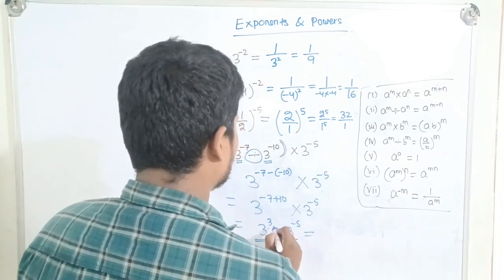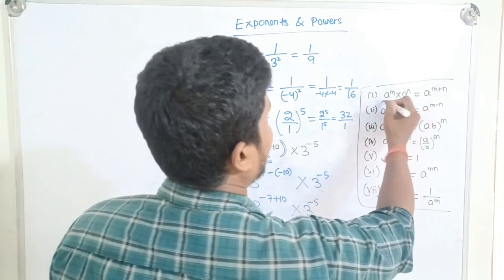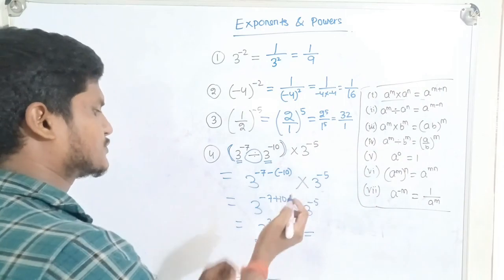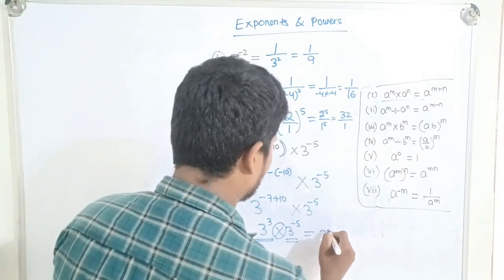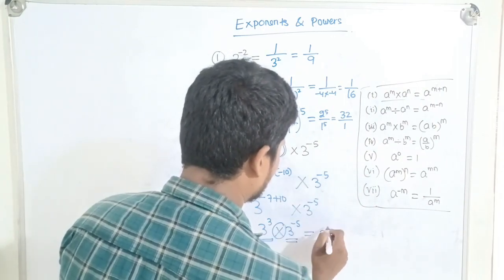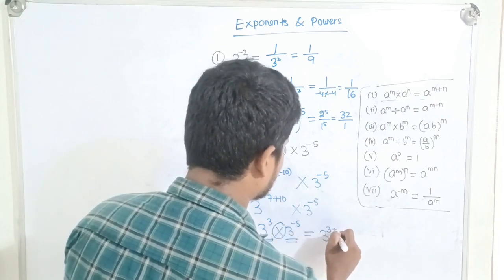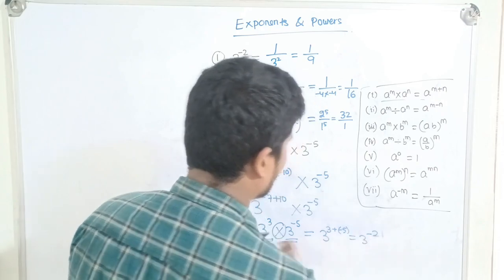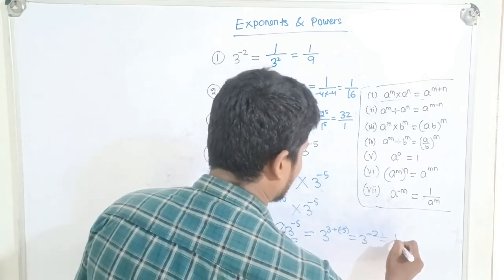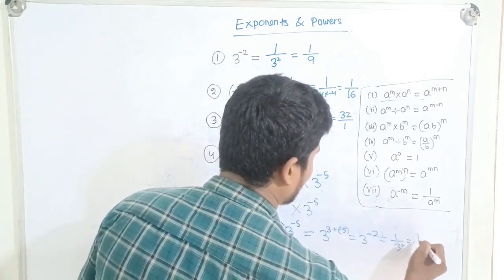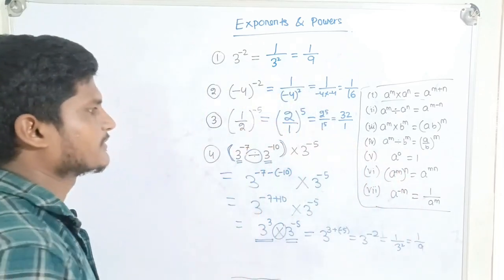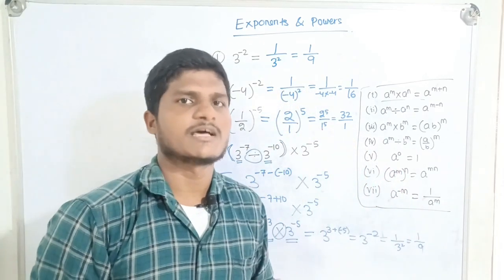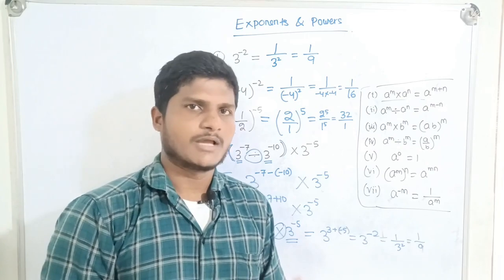If you get multiplication, just add these two powers, that means 3 to the power 3 plus minus 5. So 3 to the power minus 2, that is 1 by 3 to the power 2, that is 1 by 9.